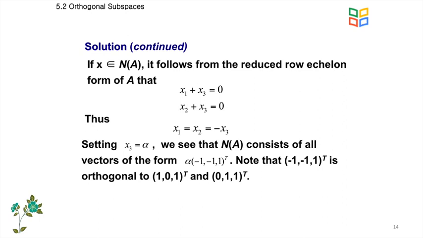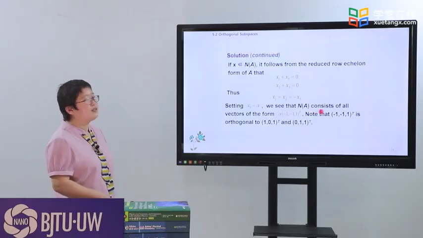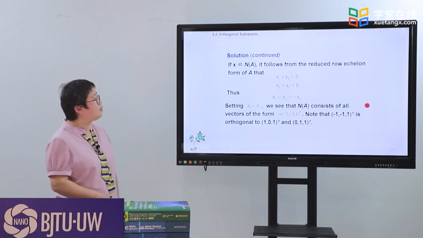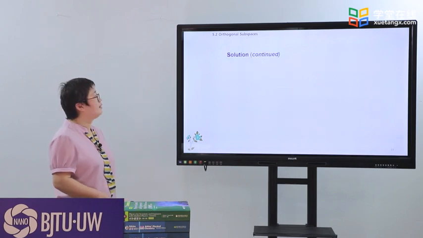Note that (minus 1, minus 1, 1) is orthogonal to (1, 0, 1) and (0, 1, 1). So this also coincides with our fundamental theorem, that N(A) equals the orthogonal complement of R(A transpose).